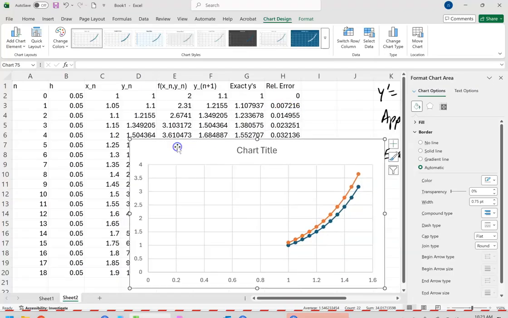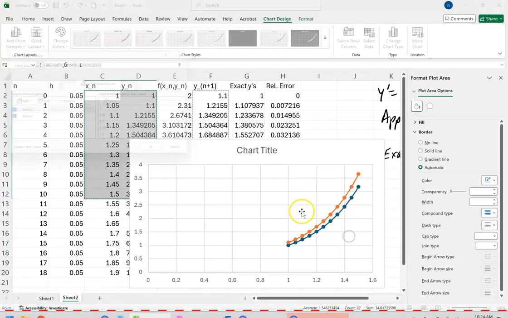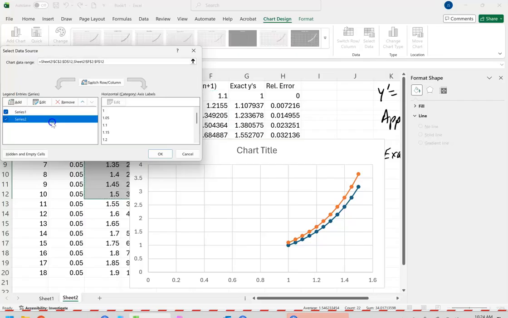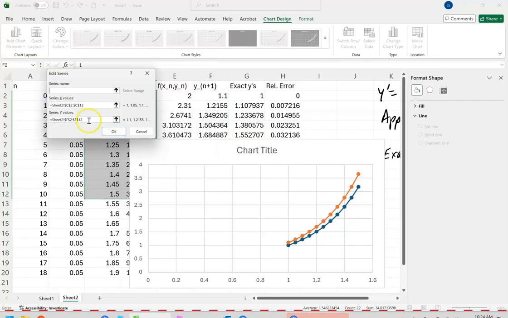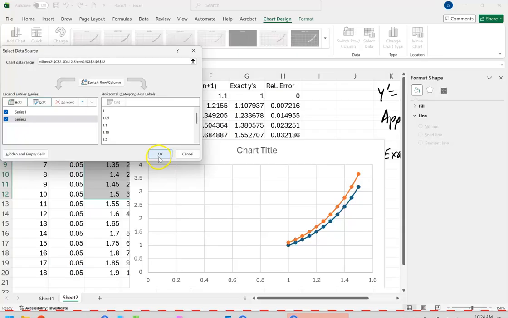There it is. So the orange is the exact solution. Well, not quite. What did I grab? Oh, I grabbed the wrong one. I want these to be G's. Try one more time. Sorry about that.